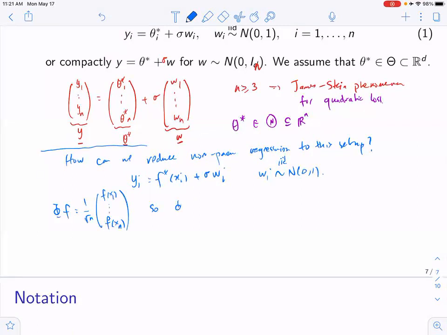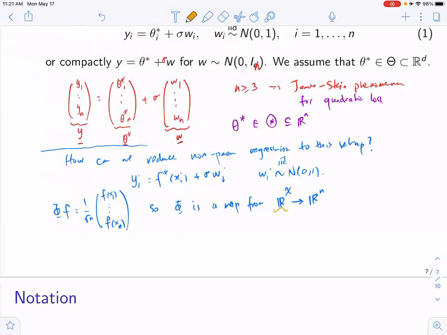So phi is a map from the function class to the set of functions, real valued functions on x to R^n.